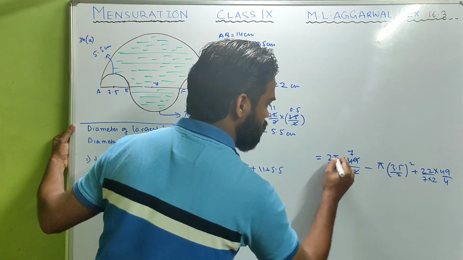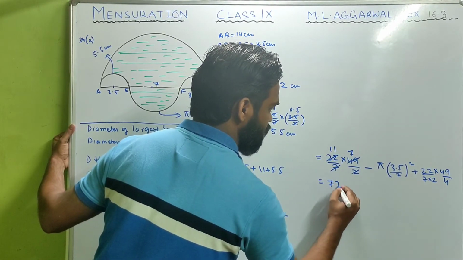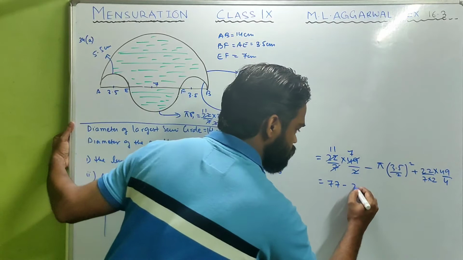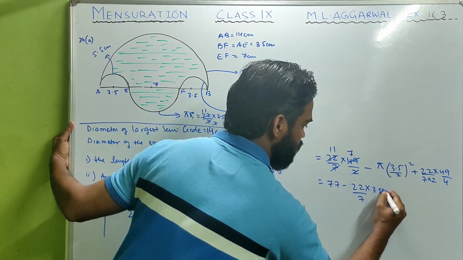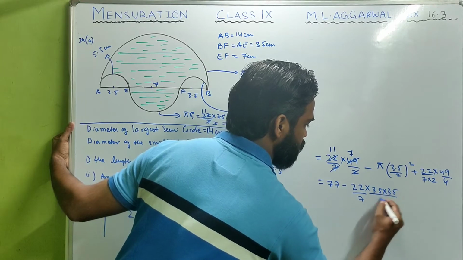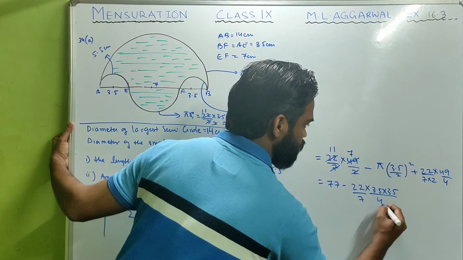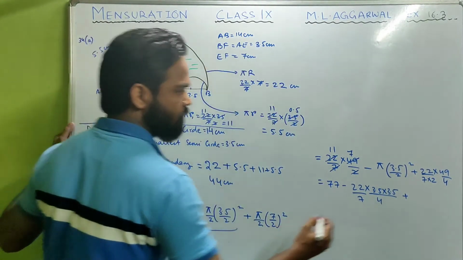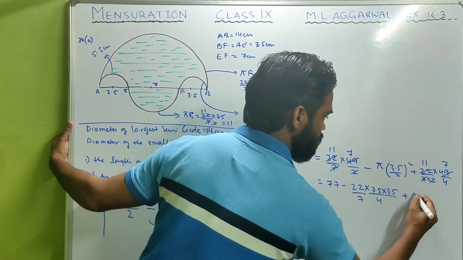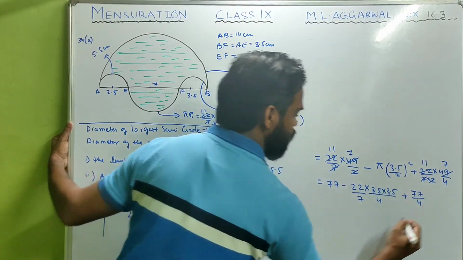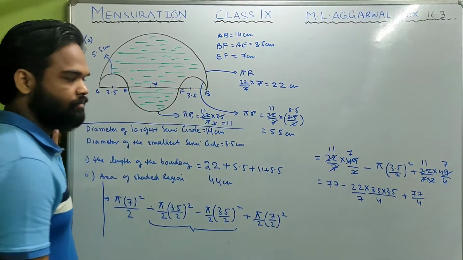This is 11, so this is 77 minus 22 by 7 multiplied by 3.5 multiplied by 3.5 by 4, plus this is 7 times 2, 11 times, that's 77 by 4. Am I clear?